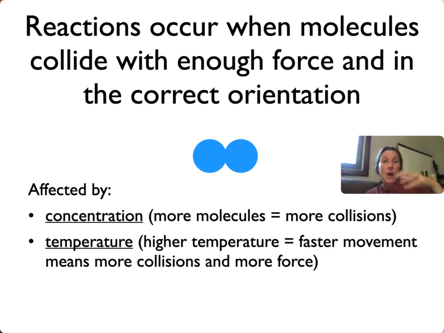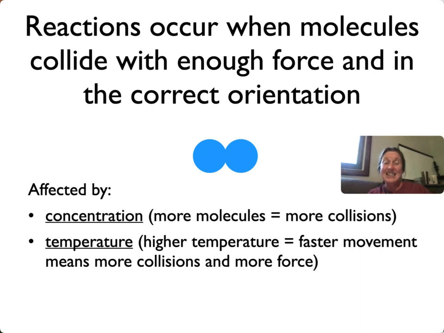And when you have two molecules that are vibrating and they bump into each other, they're both going to ricochet off, and now we have molecular movement. Now, the hotter it gets, the faster the molecules move. They move faster and they hit each other with more force, which means we're again more likely to have the type of collision that will lead to the chemical reaction taking place.